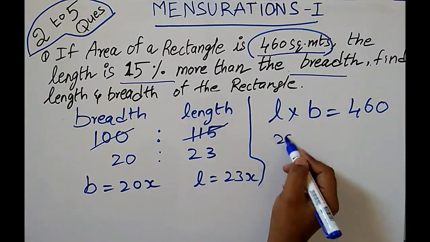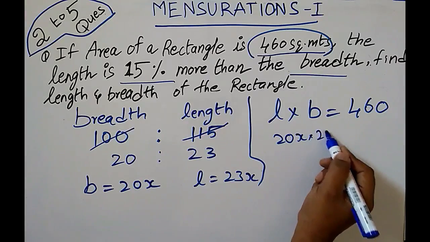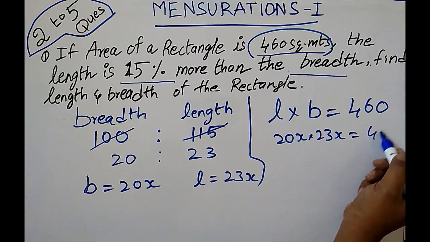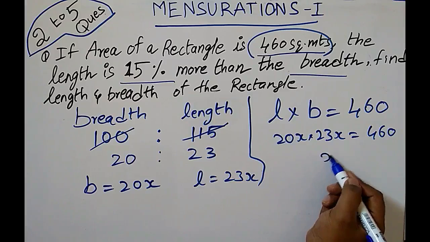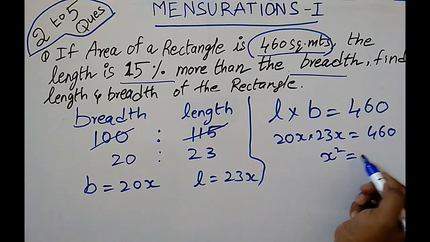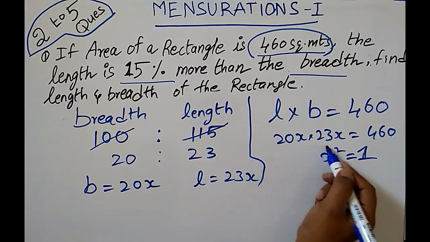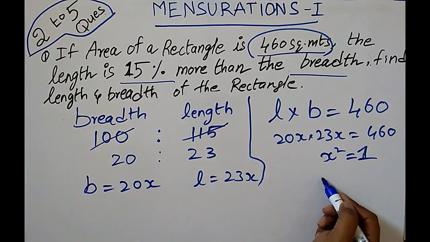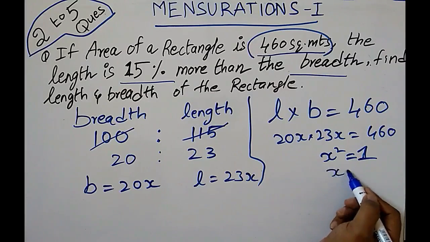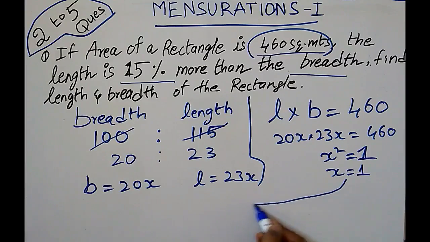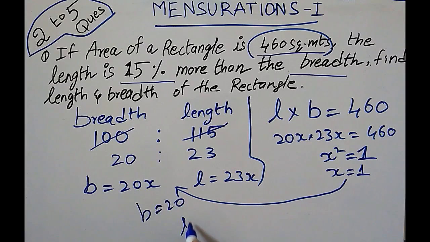That is, 20x into 23x is equal to 460, that is x square is equal to 1. 20 into 23 is 460, 460 gets cancelled. So by substituting x is equal to 1, we are going to get the breadth and length of the rectangle. That is nothing but breadth is equal to 20 and length is equal to 23.